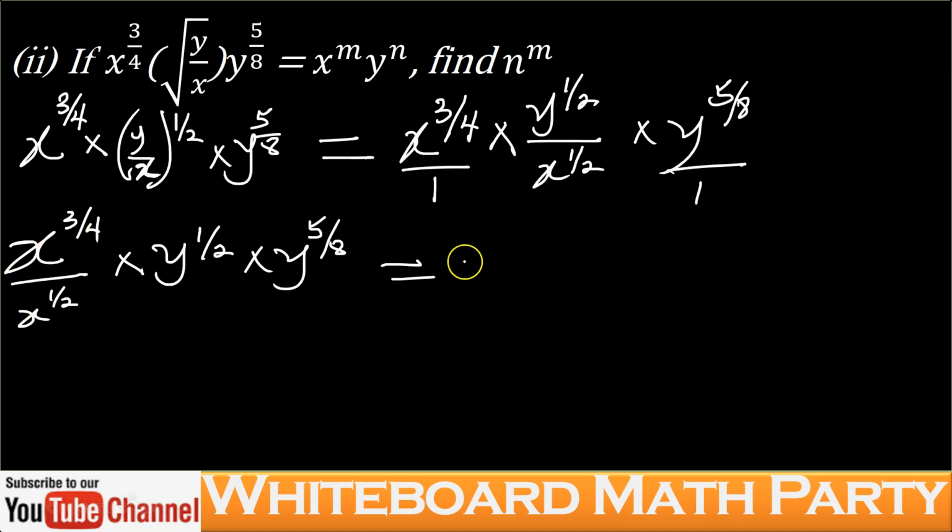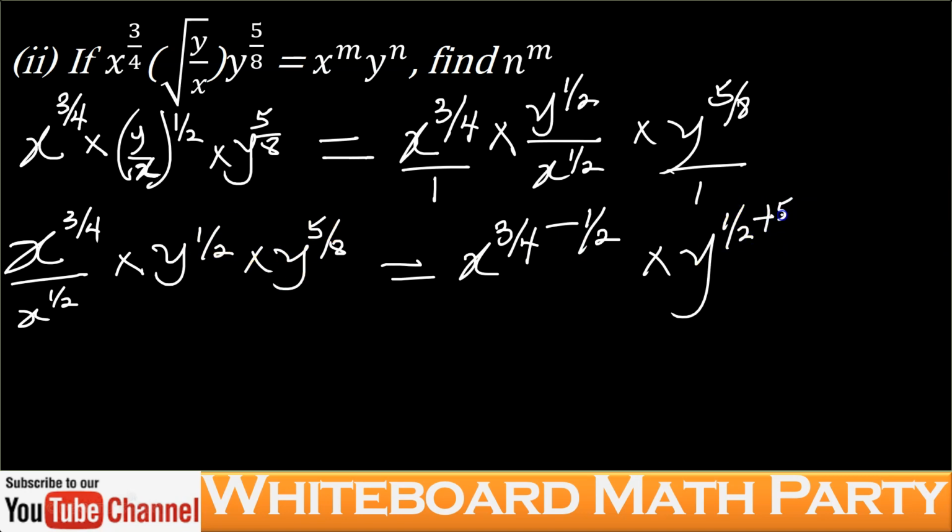It simply becomes x to the power of 3 upon 4 divided by x raised to power 1 upon 2. Using the division rule, I make it minus, since we subtract the powers when the bases are the same. And multiply it by y. Here, I'm going to apply the multiplication rule. Since the bases are the same, y, I just have to add the powers half and 5 upon 8.